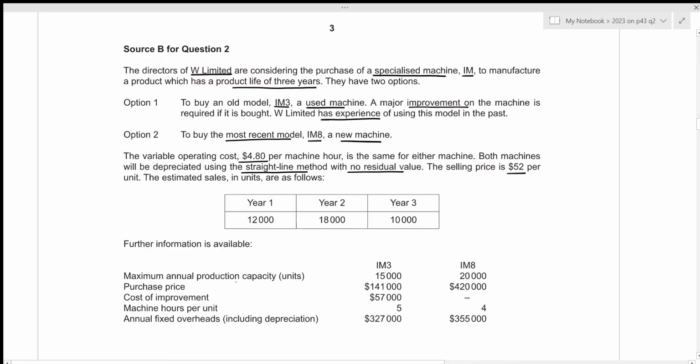Okay, so the maximum annual production capacity in units is given for both of our machines, IM3 as well as IM8. So for IM3, it's 15,000, and we can see that in year 2, our estimated sales in units is 18,000.